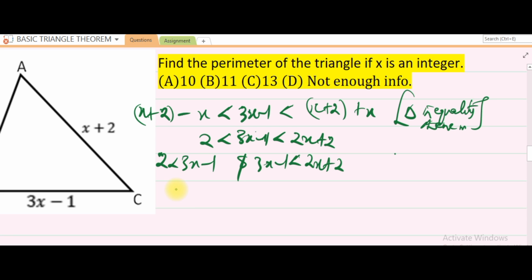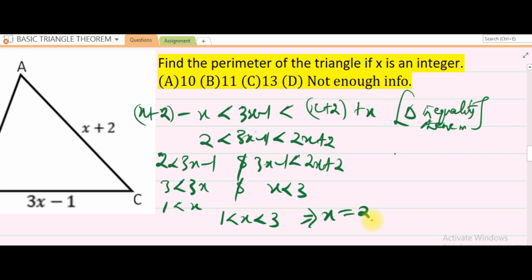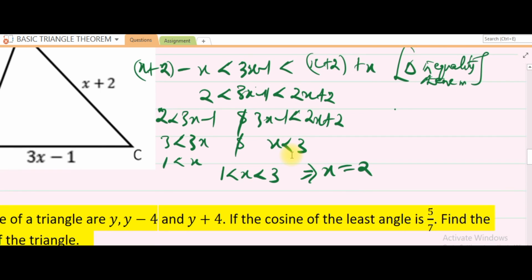So we have 3 is less than 3x. Finally, 1 is less than x. Here, we have x is less than 3. So combining these two, this means x is between 1 and 3. Remember, they told us x is an integer, which implies that x must be 2. The only integer between 1 and 3 is 2.